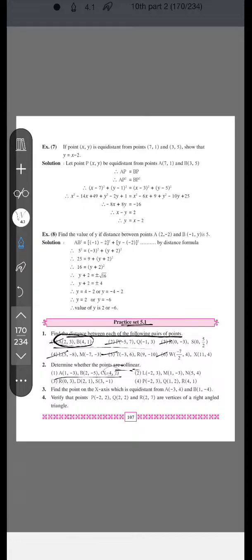We have to check whether they are collinear or not. If they are collinear, then we have to justify the answer. Okay, here we will start.